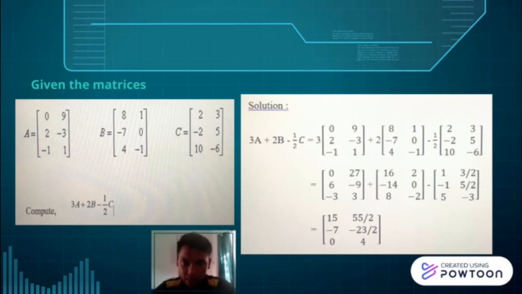The solution is, the scalar 3 we put in front, and then put the value of matrix A, and then do the operation, plus 2 times matrix B, negative 1 over 2 times C. Then we just multiply the scalar with matrix A, multiply the scalar with B, and also multiply the scalar with matrix C. Then we will get the answer.